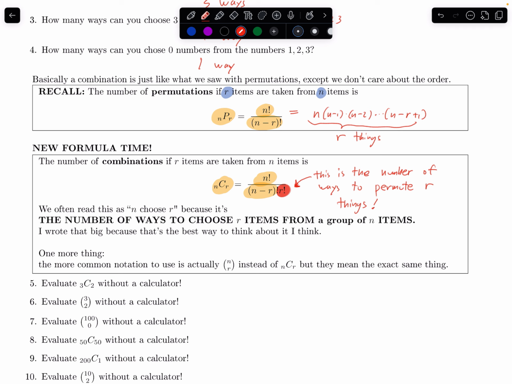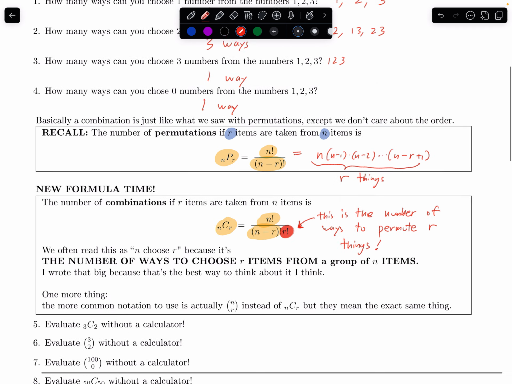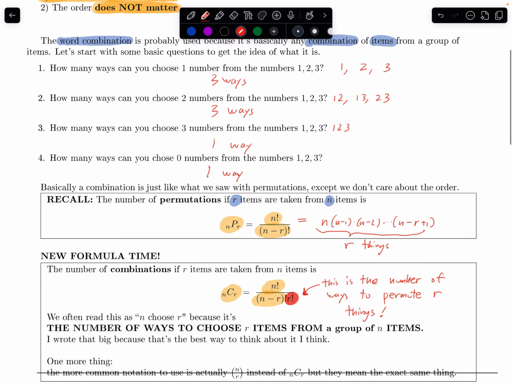So why are we dividing by that? Well, let's look at this example from number 2. If I was to list all the permutations, they would look something like this, right?